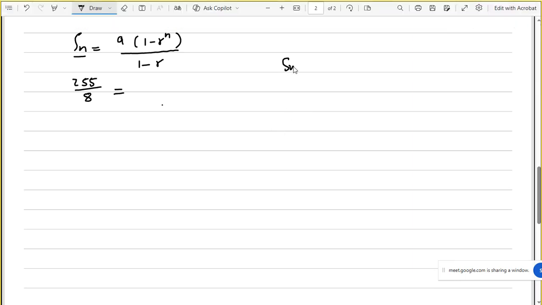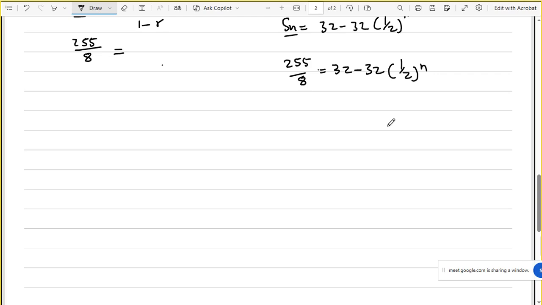We are given that Sn is 32 minus 32 into 1 over 2 to the power n. You guys say we should substitute this as 5 over 8, and then 32 minus 32 into 1 over 2. Then we solve for n. Is that what you are saying?